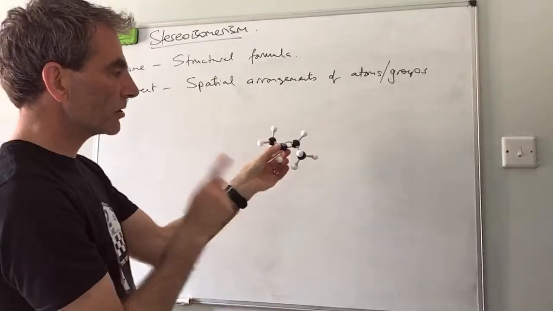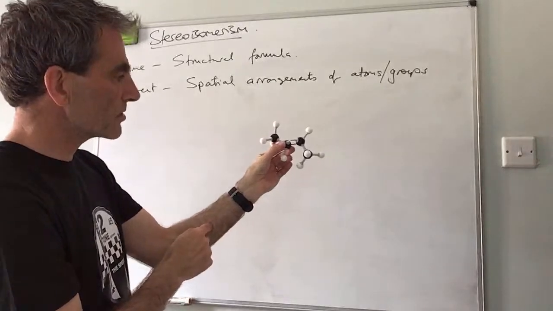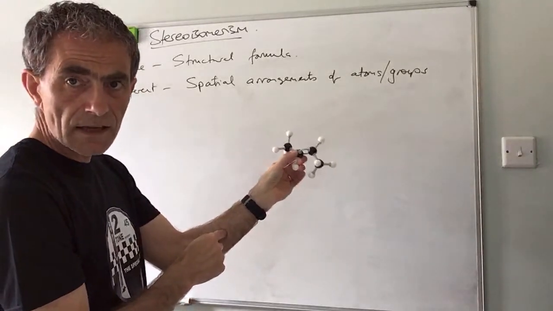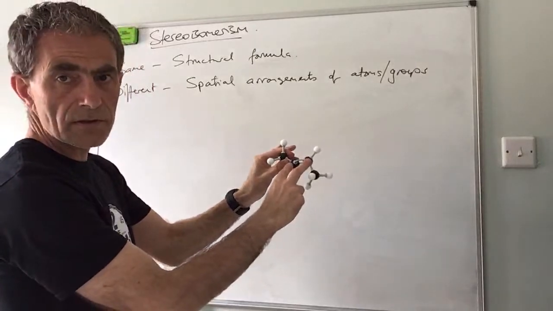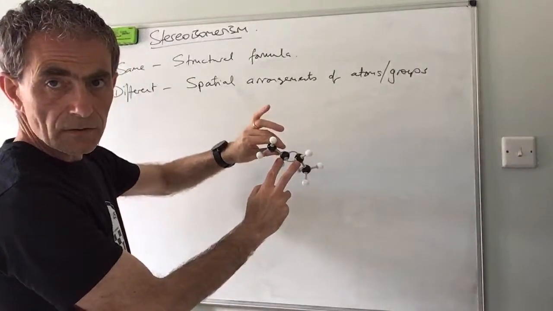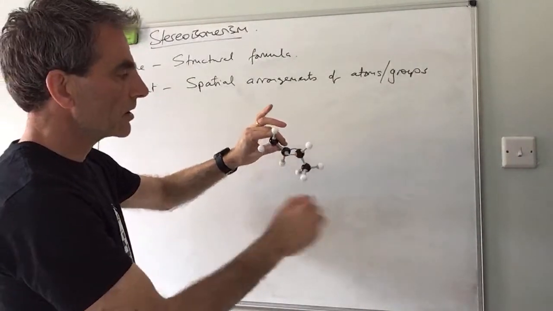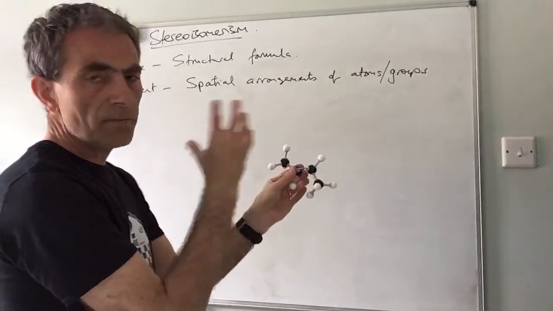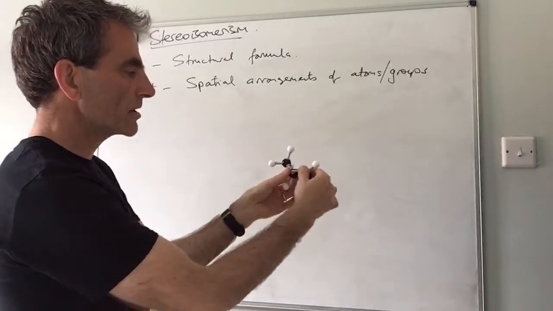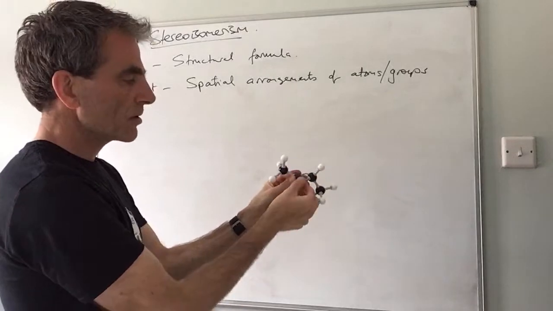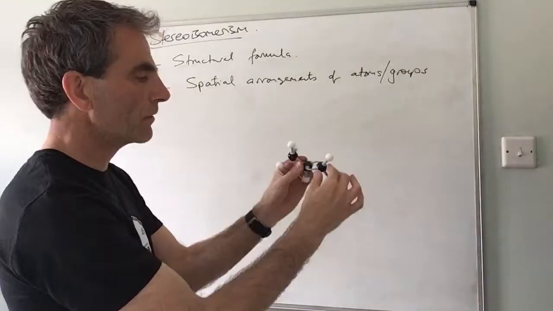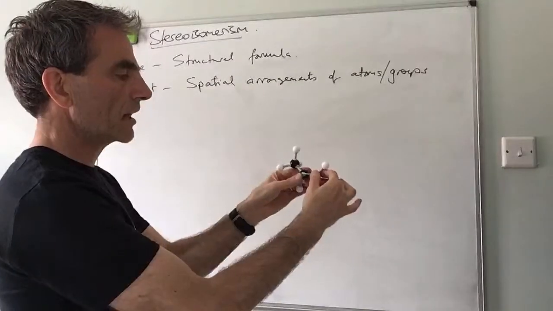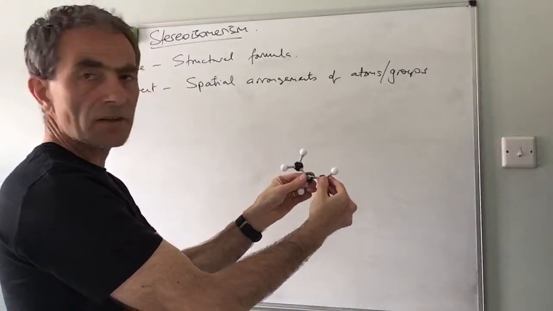It's all due to the fact that there are two conditions for EZ isomerism. You've got to have a carbon-carbon double bond. What's important about the carbon-carbon double bond is it can't rotate. The pi bond, remember there's two types of bond, the pi bond locks the atoms in position.